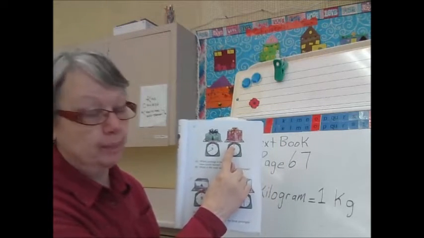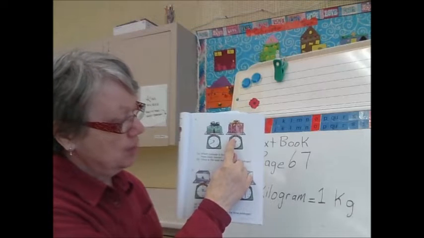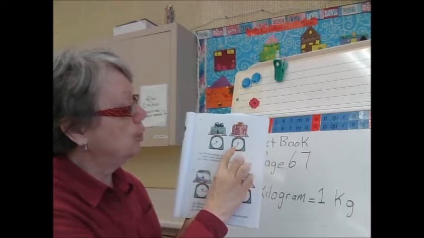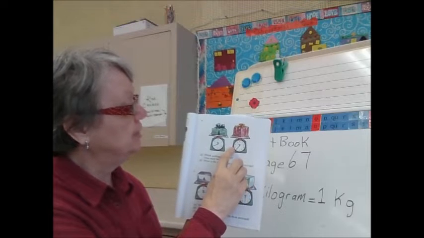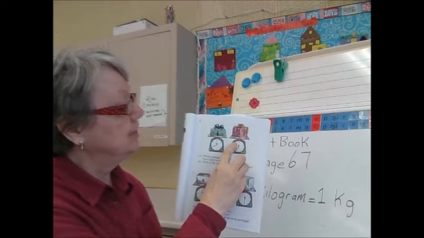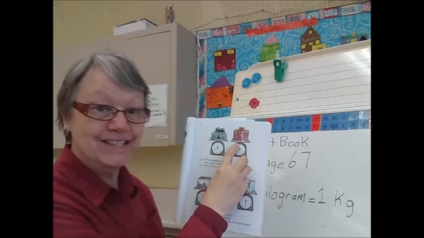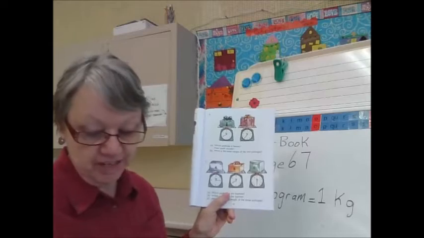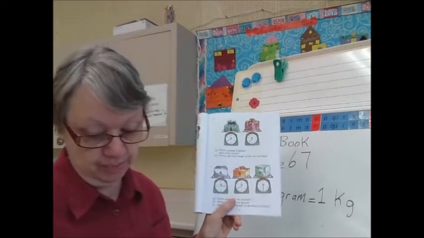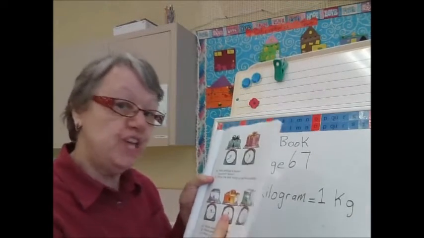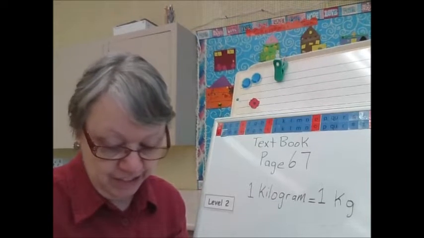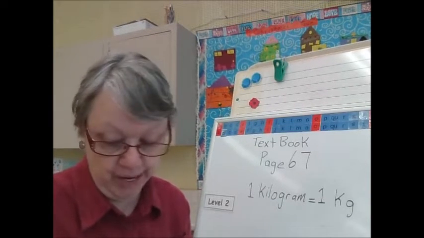So let's look at that one. We go to the 1, 2, 3, 4, 5, 6, 7, 8, 9, 10 kilograms. So this scale can show something that weighs 10 kilograms. Today, we are only measuring in kilograms to the closest kilogram, okay?